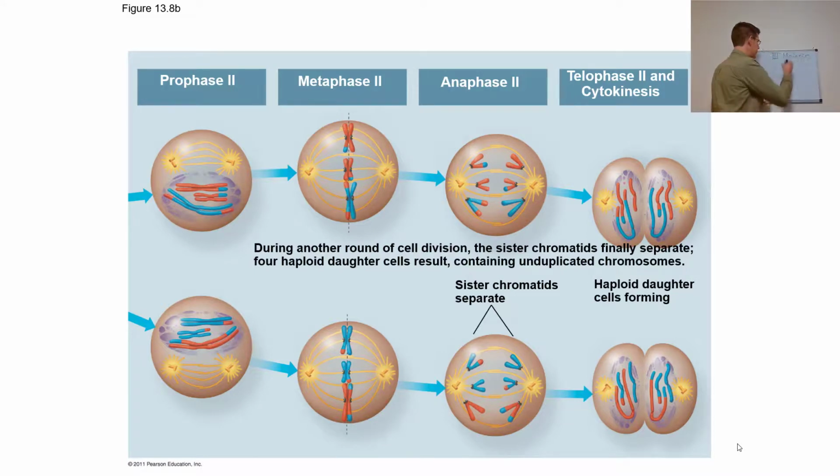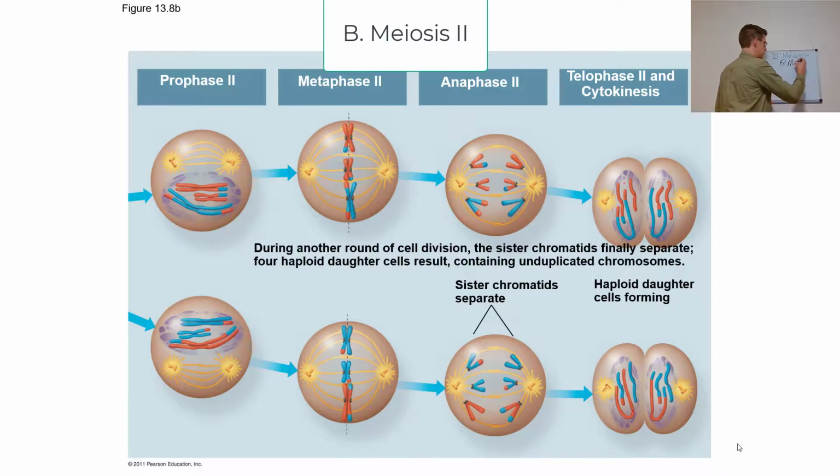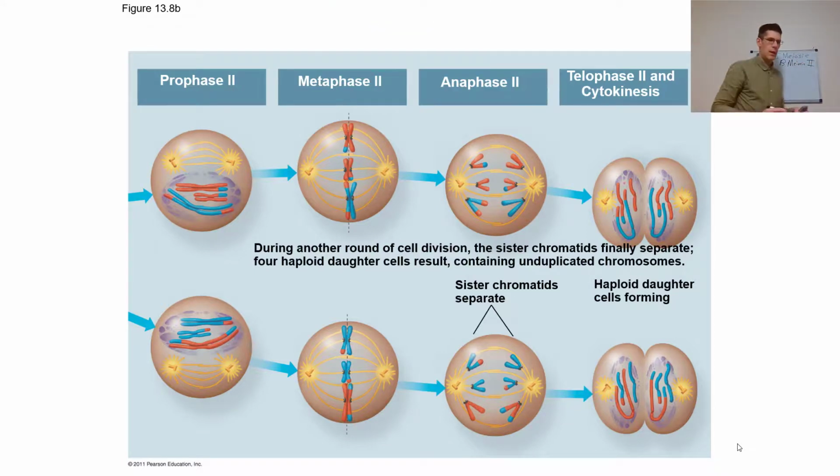In meiosis 2, what we're going to have is the sister chromatids separating. It's that simple. It's very much like mitosis.